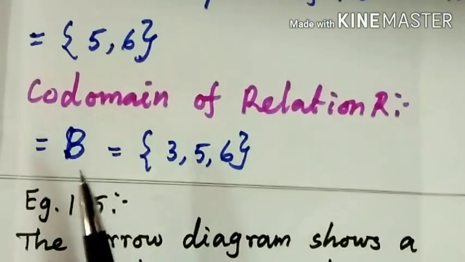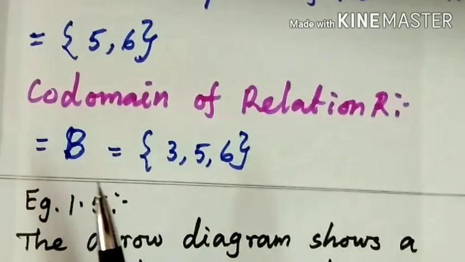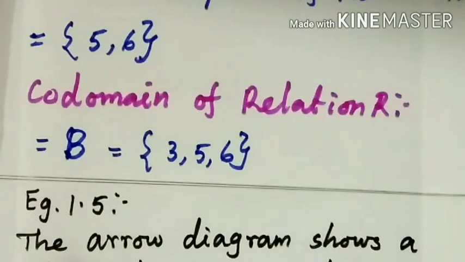Okay. Now you get a clear idea about domain, range and codomain of a relation.